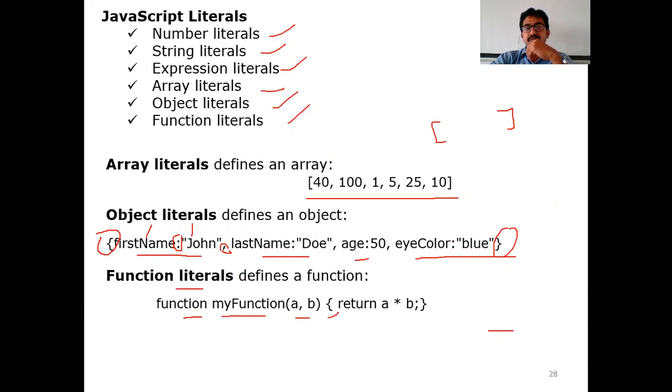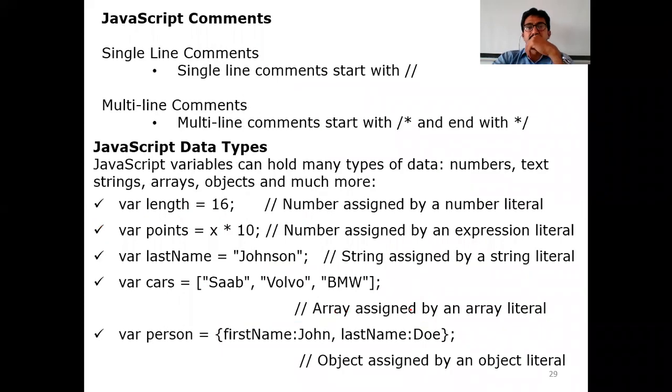It starts with open braces and ends with close braces, and inside we can have a set of statements. Like in other programming languages, JavaScript also has comments: single line comments and multiple line comments. JavaScript also has data types, like var length equals 16, which is a number data type automatically. The number is assigned by a numeral literal.